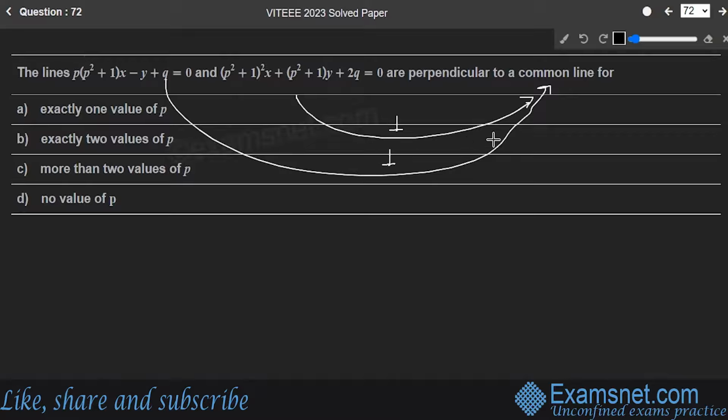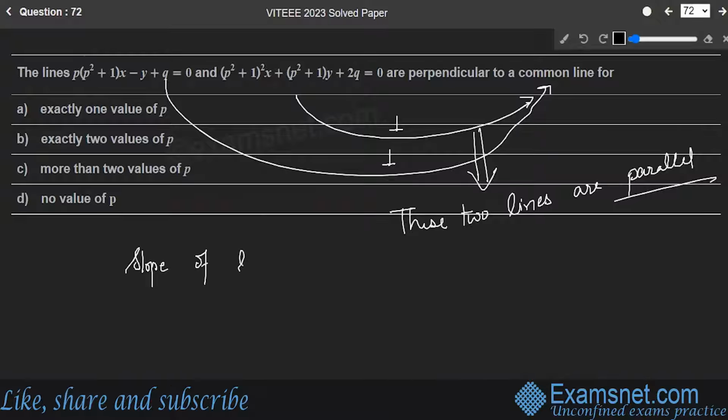Both are perpendicular to the same line, which surely means that these two lines are parallel. Then only they are perpendicular to a common line. Now if they are parallel to each other, that means surely the slope of line 1 is equal to slope of line 2.